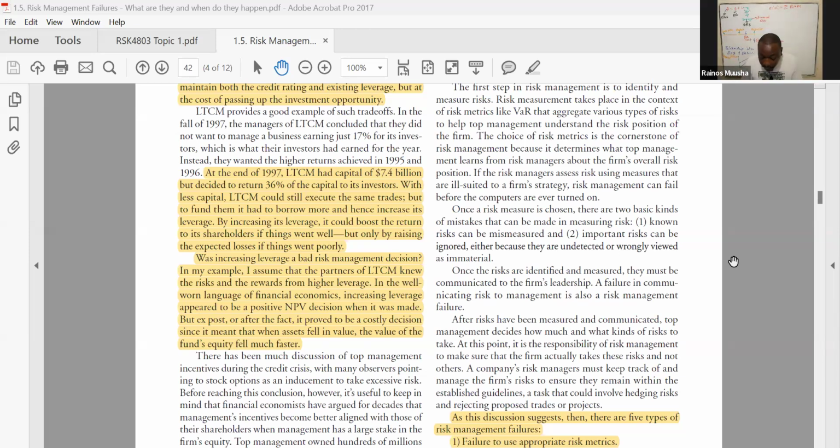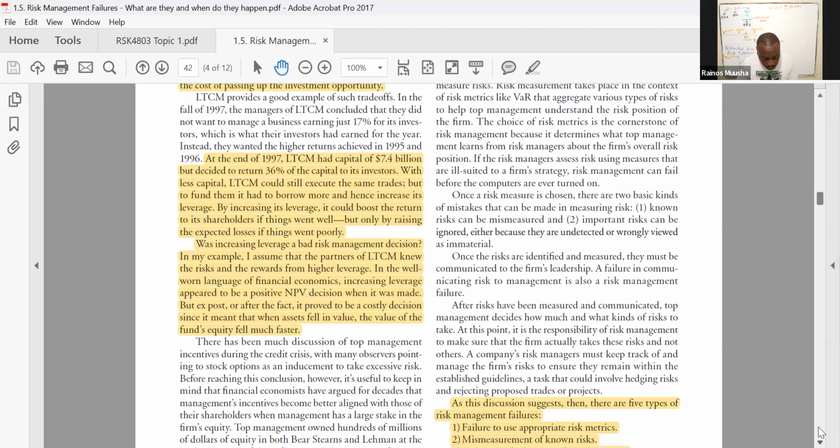If things went well, but only by raising the expected losses if things went poorly. So which means leveraging can exponentially increase your gains, but the downside of it is that it can also exponentially increase your losses.